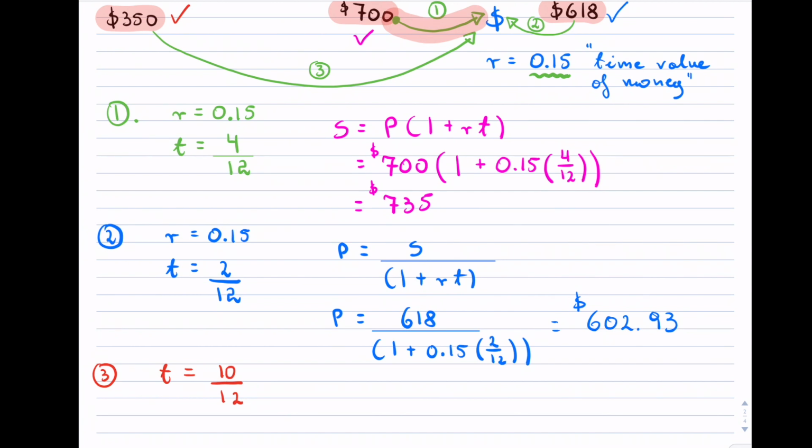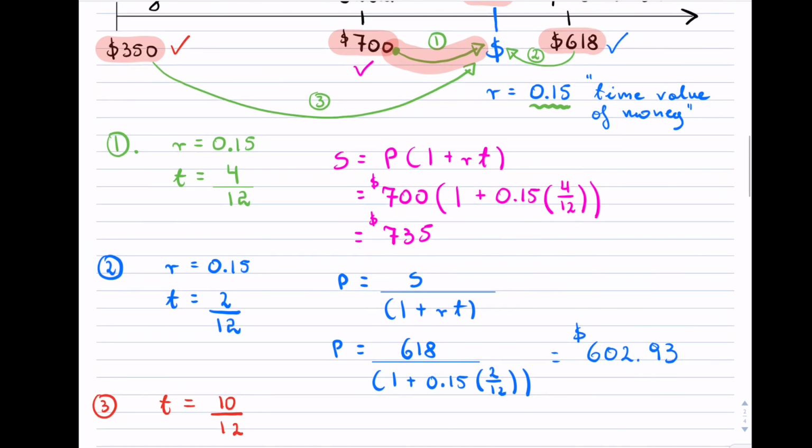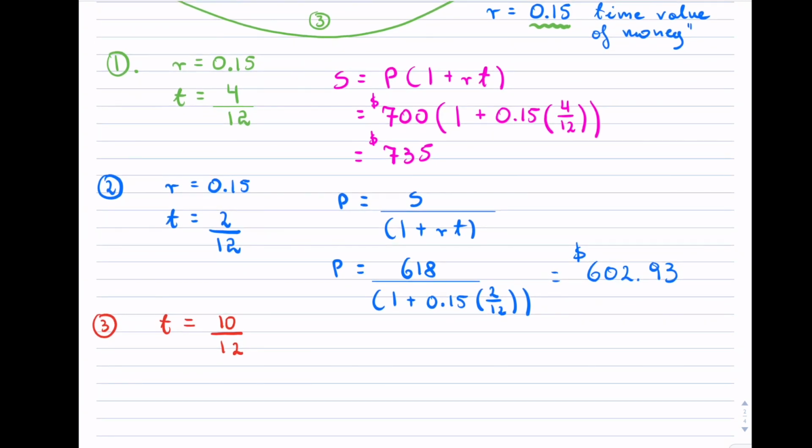Well, clearly I am moving it from today into 10 months from now. So I'm going to use S is equal to P(1 plus rt), and now I can put it all in: 350, that's my value for the present value, 1 plus 0.15, and finally we have t, which is 10 over 12, and now we can punch it into our calculator.